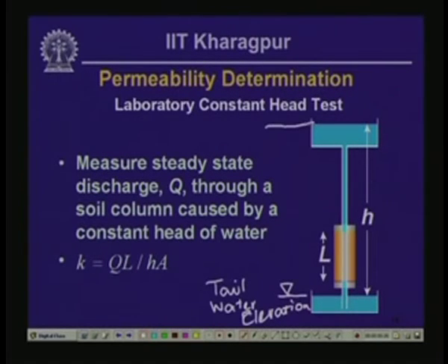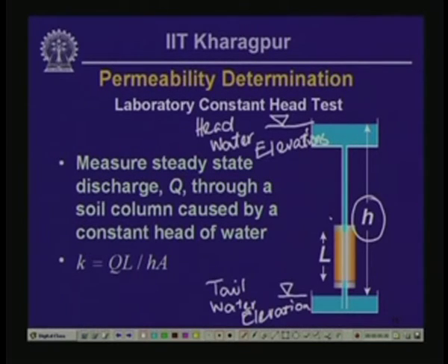At the other end of the sample we have a much higher elevation, and the difference between these elevations triggers groundwater flow, and the difference is in fact H.